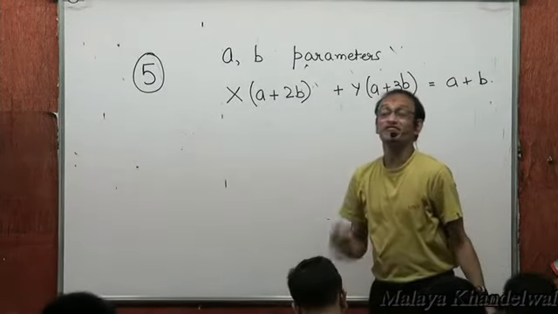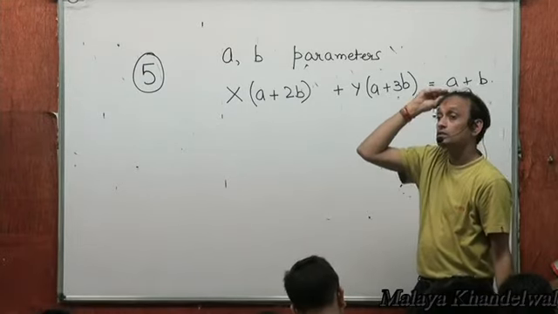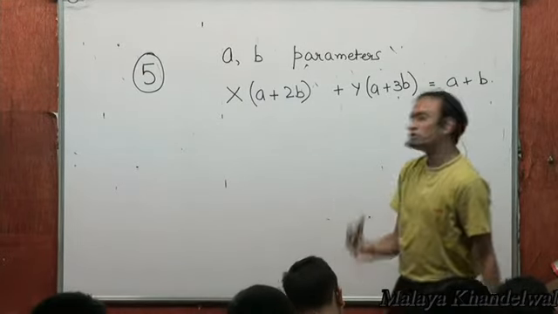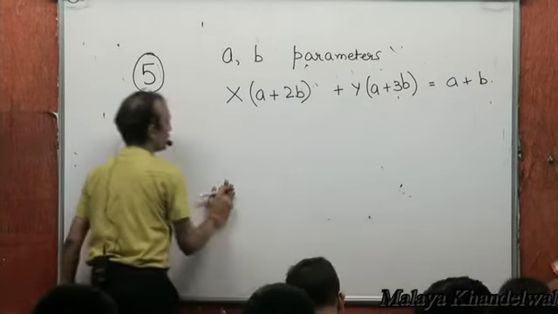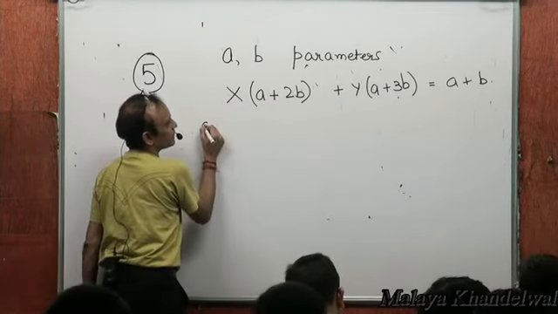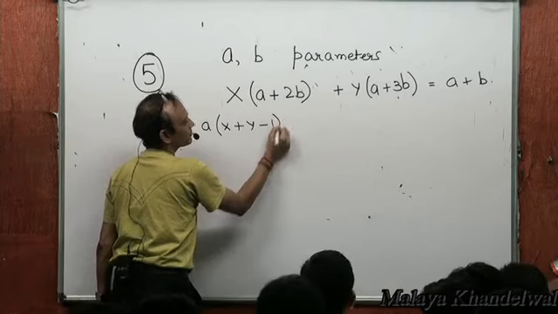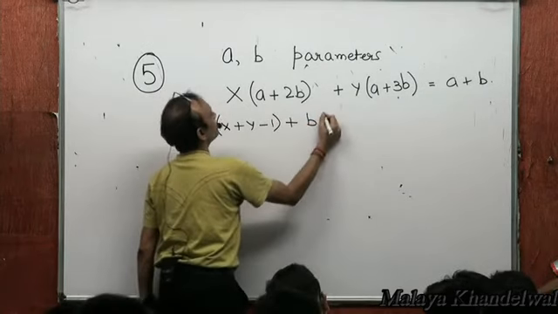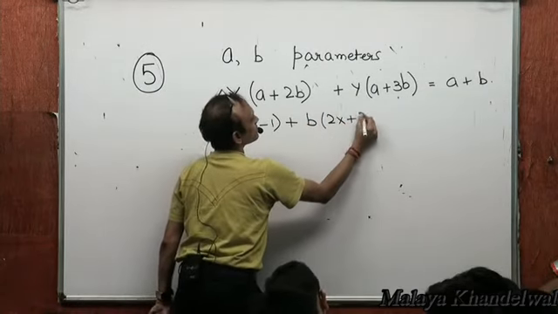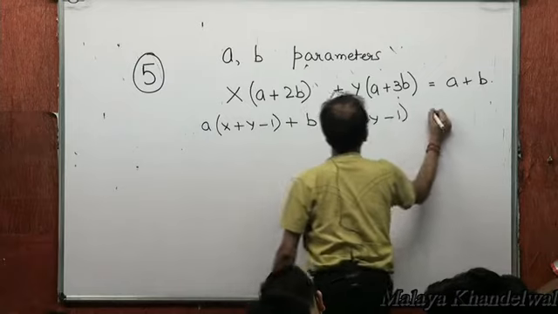We need to show that the family of such lines will be concurrent. Now this is fairly simple. You combine terms containing a, so x plus y minus 1. Combine terms that contain b, 2x plus 3y minus 1 equal to 0.